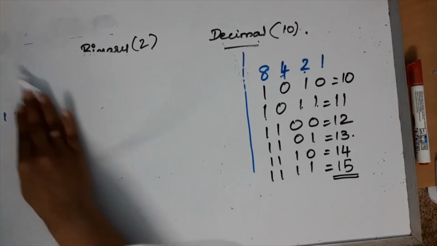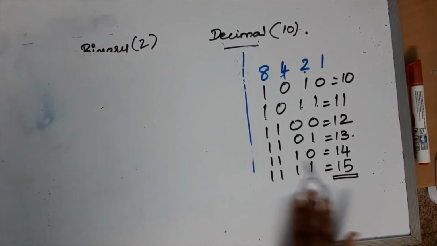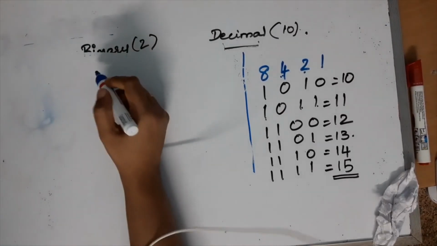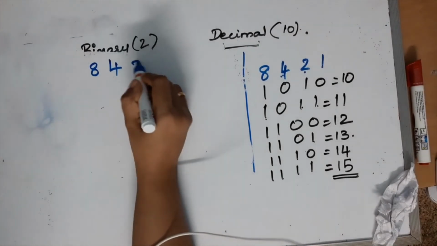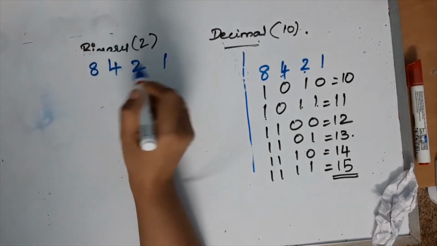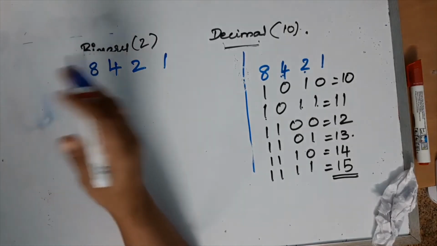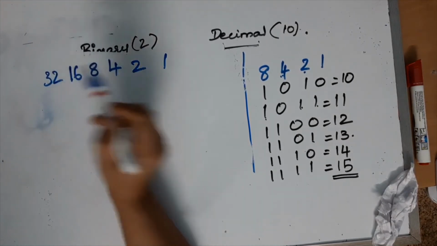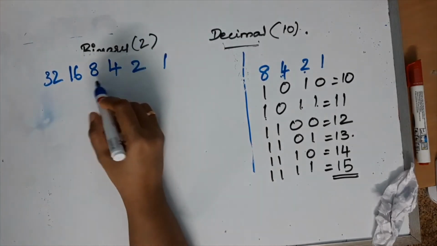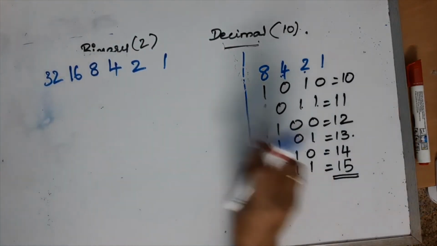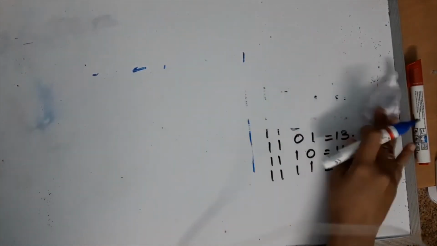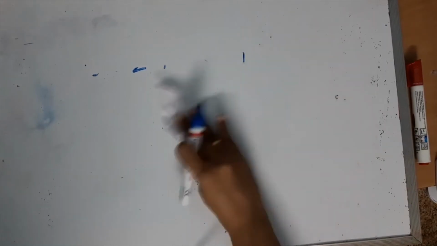So we'll need this in all the modules. When you are dealing with digital electronics, you need this all the time. So you just need to write 8421, that is for a maximum of 4 bits. If you need higher order bits, then you just need to write 16, 32, etc. Now we are only dealing with 4-bit numbers, maximum 4-bit.